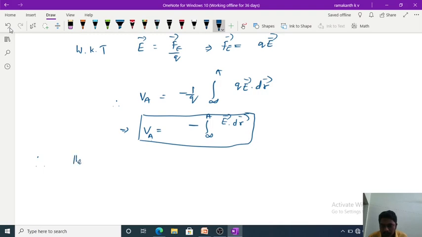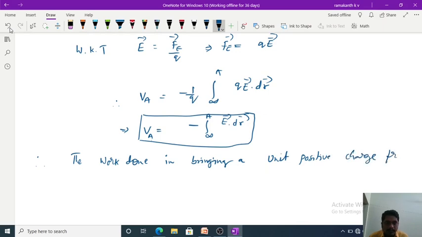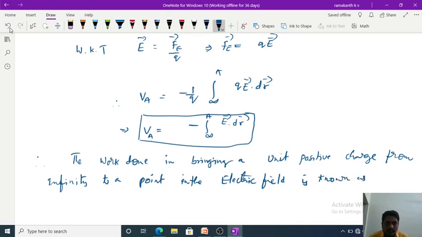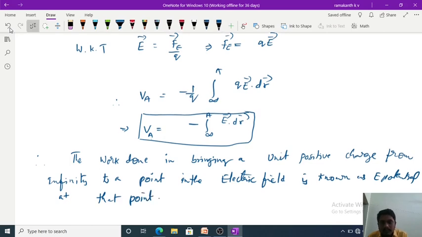The work done in bringing a unit positive charge from infinity to a point in the electric field is known as electric potential at that point.